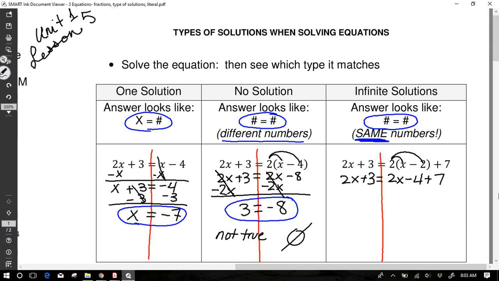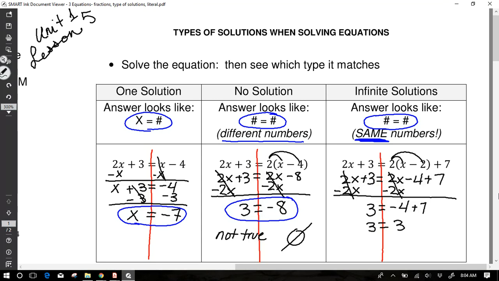Now I'm going to go ahead and put my variable terms together again. So minus 2x from both sides. And again, 2x minus 2x is 0 on both sides of my equation. Bring down the 3. Bring down the negative 4 plus 7. Now, I'm not quite finished yet. I do want to put these like terms together. So let's combine. Negative 4 plus 7 gives me 3.